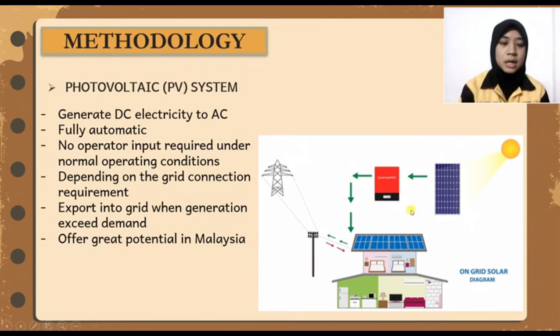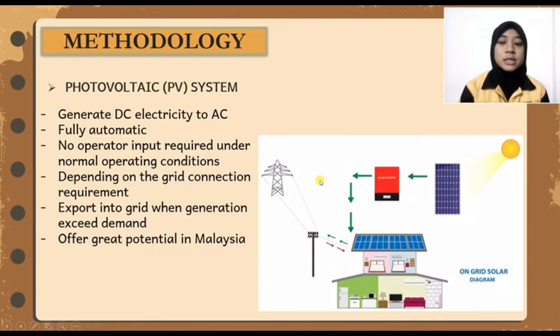In this PV system, we have an inverter, which helps to convert direct current electricity from the sun to alternating current AC. This inverter is fully automatic, which means it will synchronize with the grid.